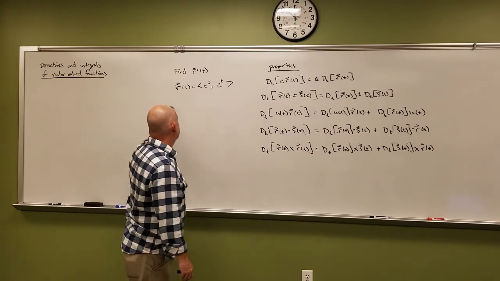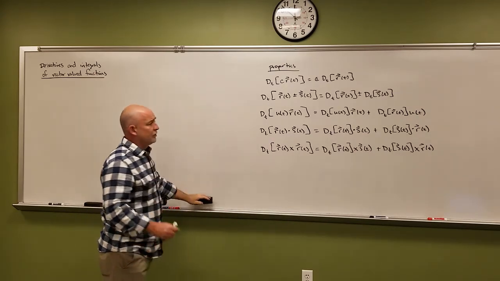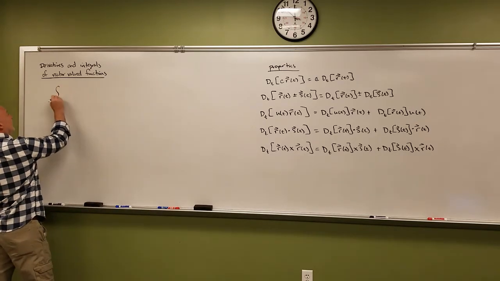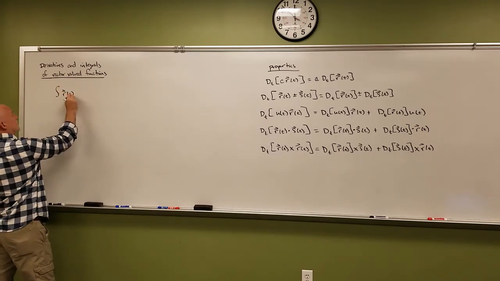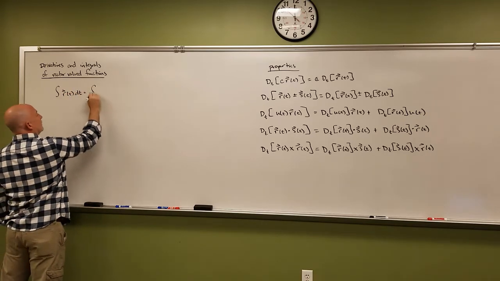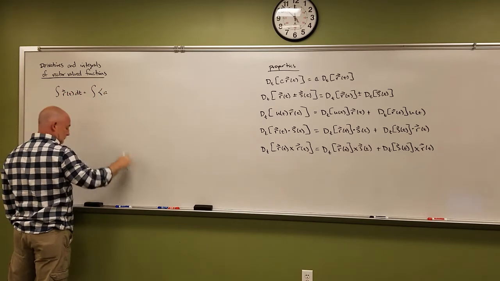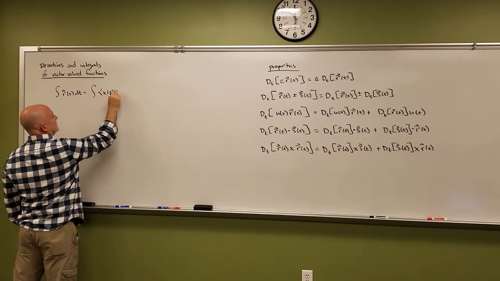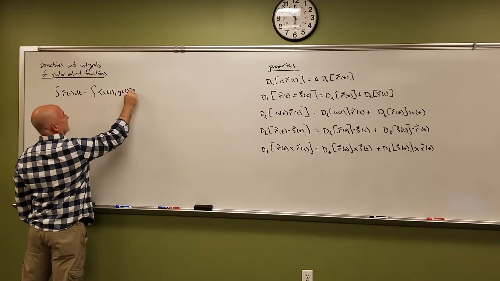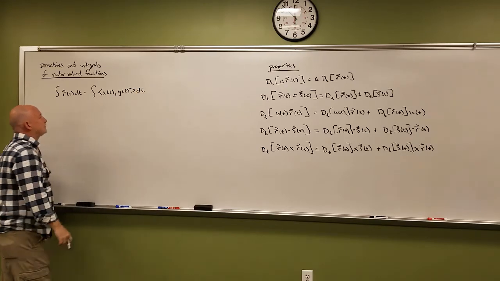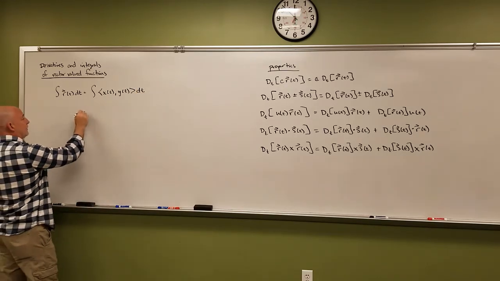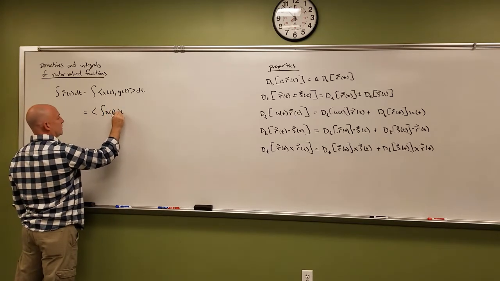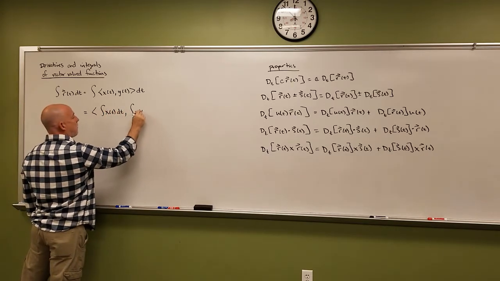The good news is integrals do too, with only one small change to a very small piece. If I ask you to find the integral of some r of t dt, say x of t, y of t dt, well, exactly what you would think, you just do the integral of each component with respect to t.